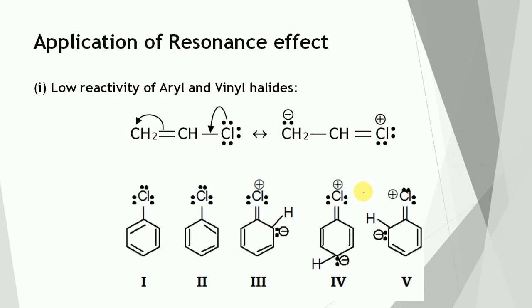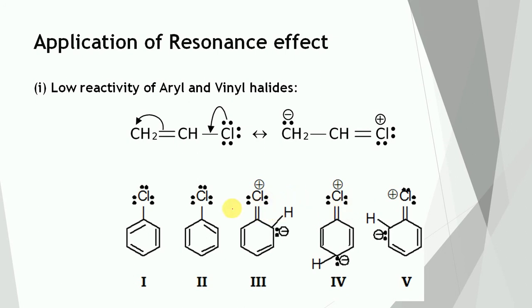Application of resonance. The first one: lower activity of aryl and vinyl halides. As compared to alkyl halides, vinyl halides exhibit very low activity in nucleophilic substitution reactions. This is because the halogen atom in vinyl halide causes delocalization of electrons due to plus R effect and gives rise to an additional contributing structure having partial double bond character between carbon and Cl.